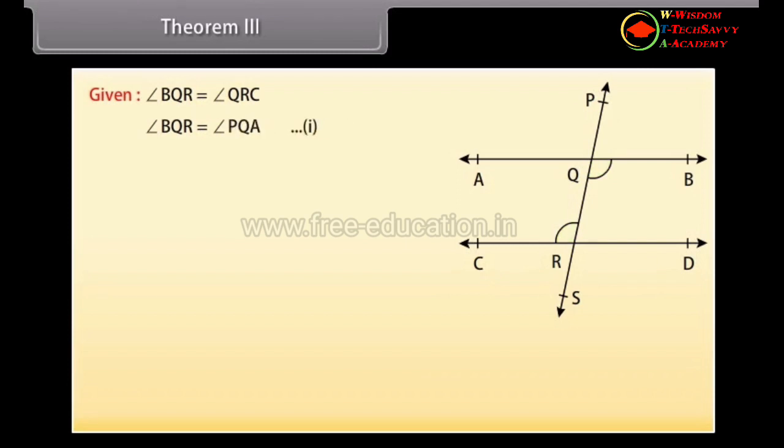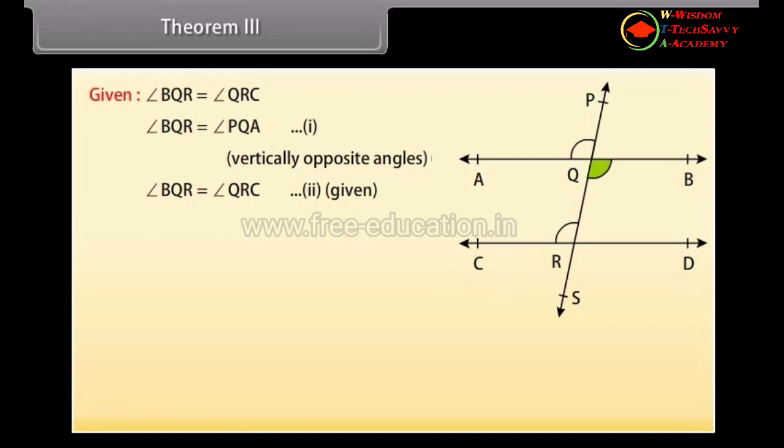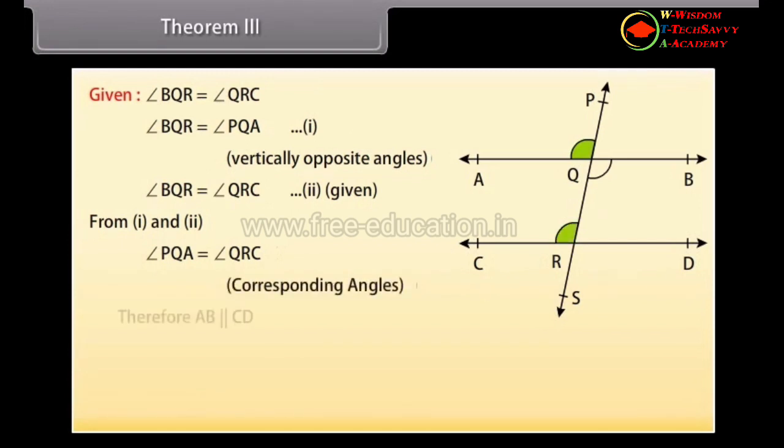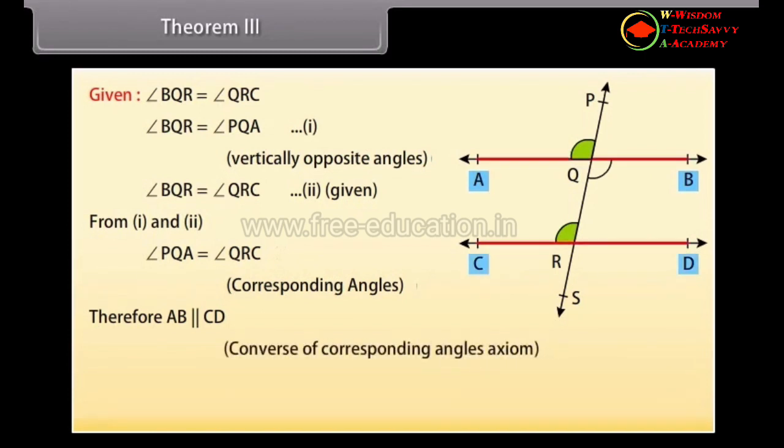Also, angle BQR is equal to angle PQA because these are vertically opposite angles. Mark it as 1. But angle BQR is equal to angle QRC, given. Mark it as 2. So, from 1 and 2 you may conclude that angle PQA is equal to angle QRC. But they are corresponding angles. So AB is parallel to CD, by the converse of corresponding angles axiom.